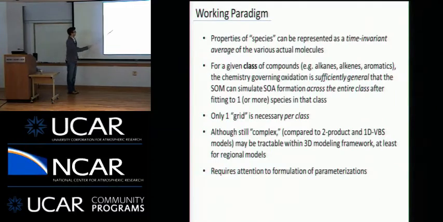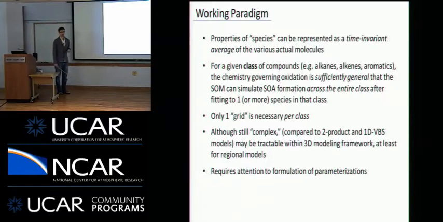Hopefully though, for a given class of compounds, let's say alkanes, the chemistry governing the oxidation is sufficiently general that we can simulate SOA formation across the entire class, basically across this entire grid, with really one set of parameters that will describe the oxidation of all those species in this grid.